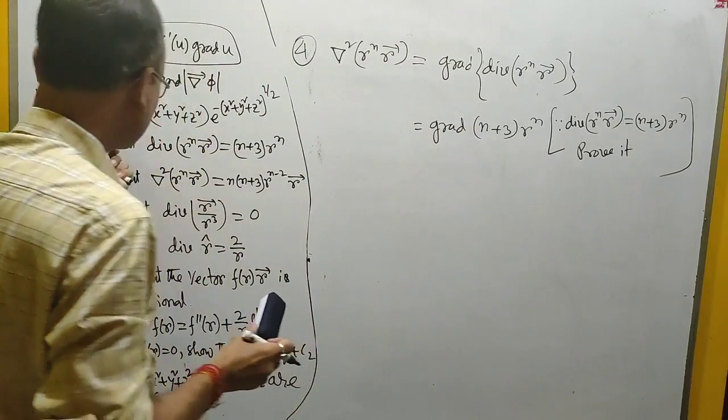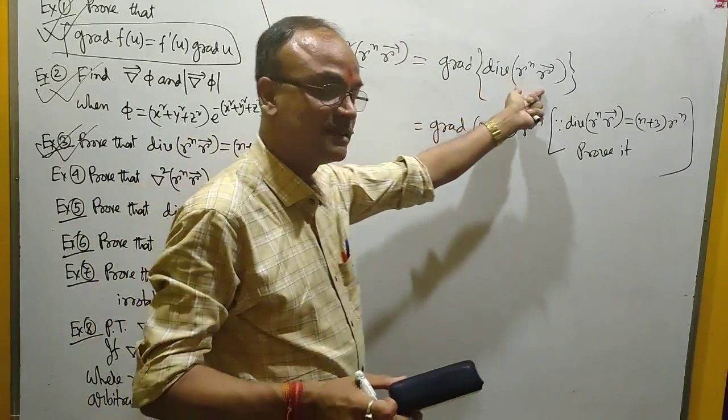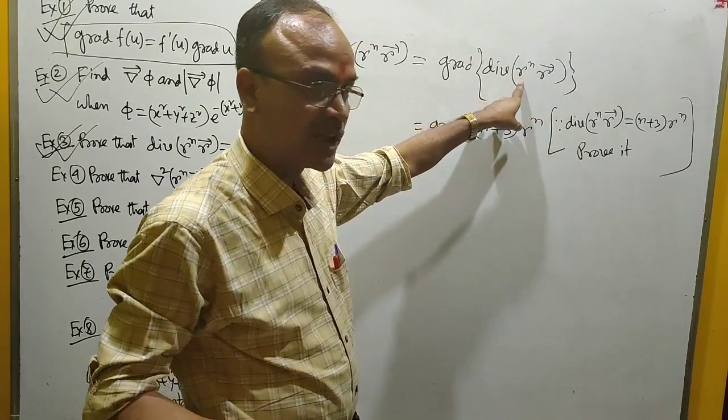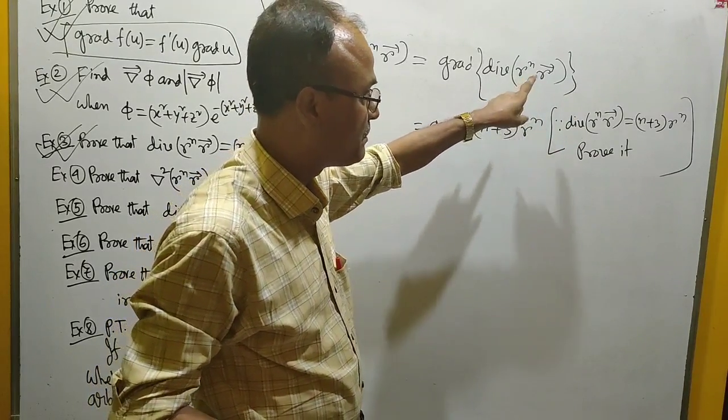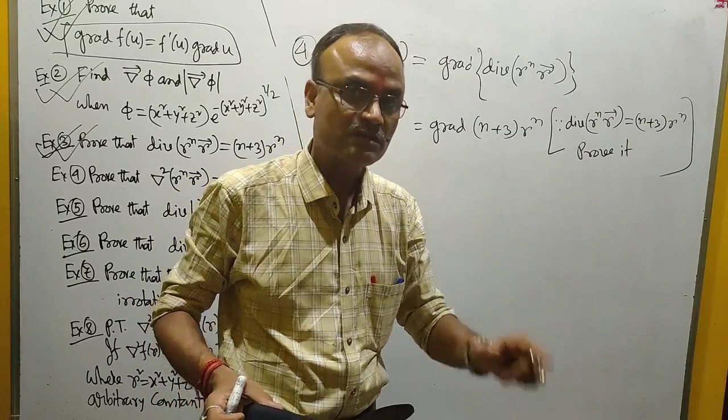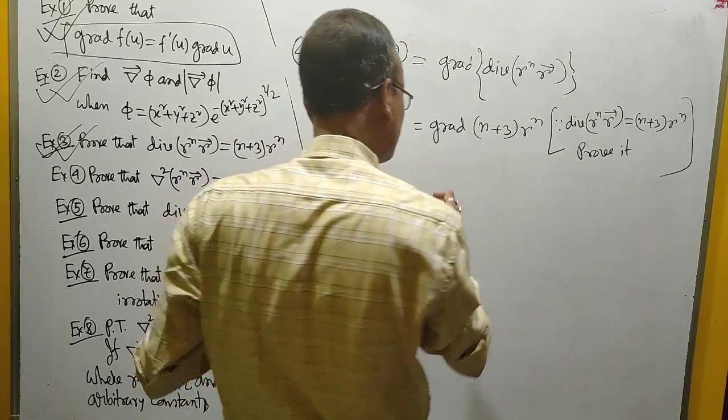Just prove number 3 first. First prove number 3. Divergence of r to the power n r vector equals this. Just apply the formula: phi divergence of A plus gradient of phi dot A. Apply the formula, you will get this one.